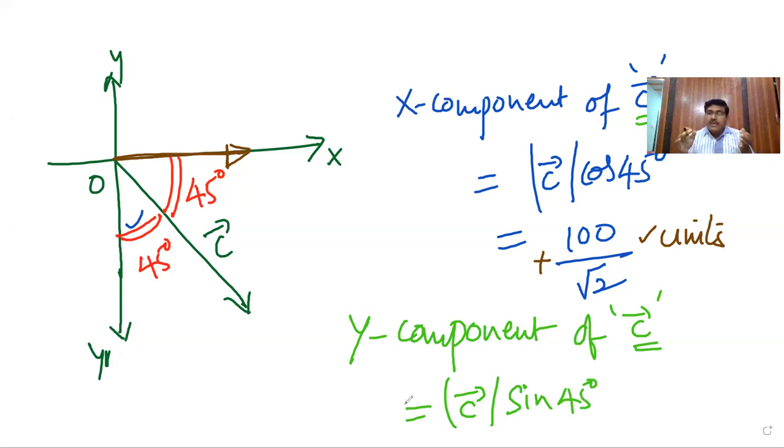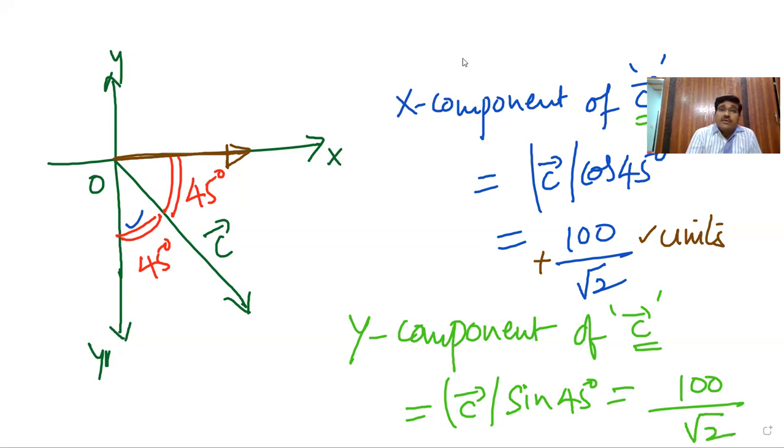Have the clarity always: if this is a vector, if this is the horizontal axis, and this is the theta, the horizontal component, with which the angle is made, is cos, and the remaining vertical becomes sine. So sine 45. The magnitude of c bar is 100, and this is sine 45, 1 by root 2.